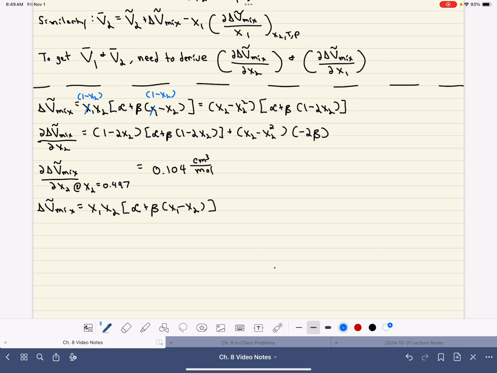This time, let's rewrite x2 in terms of x1. Simplify. And then take the derivative.